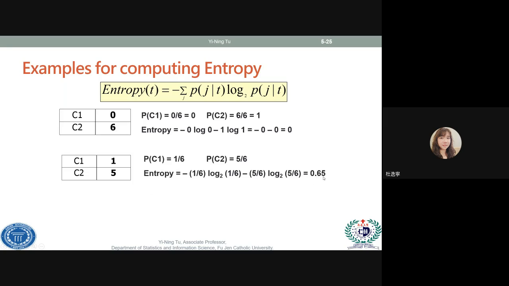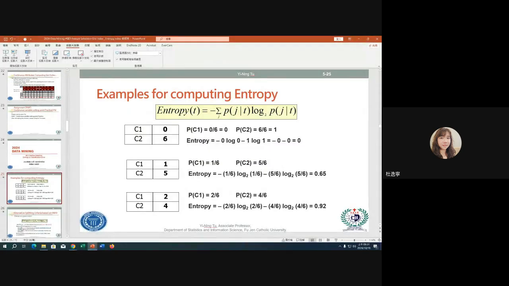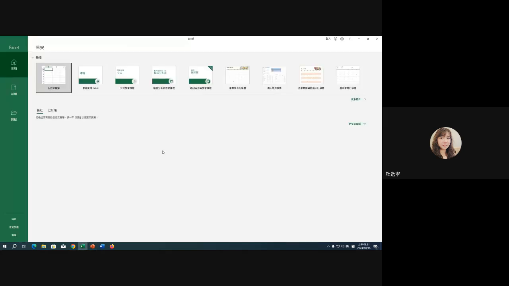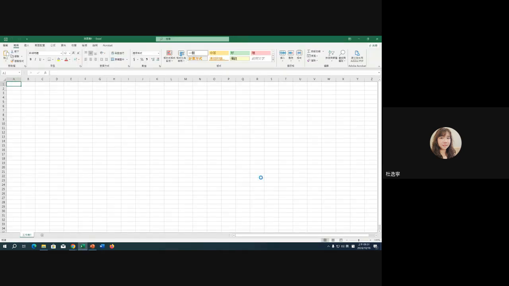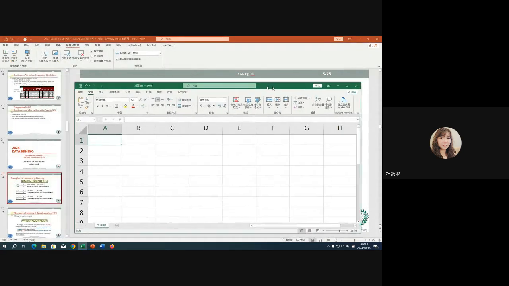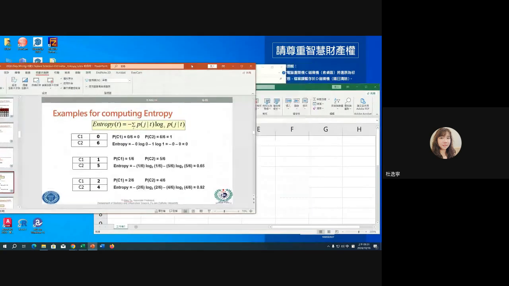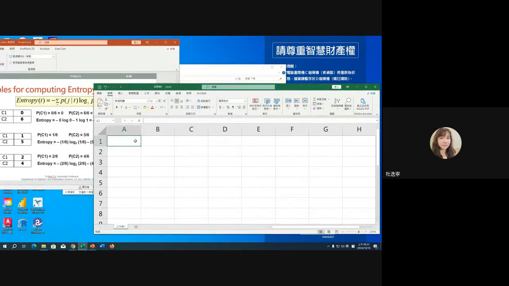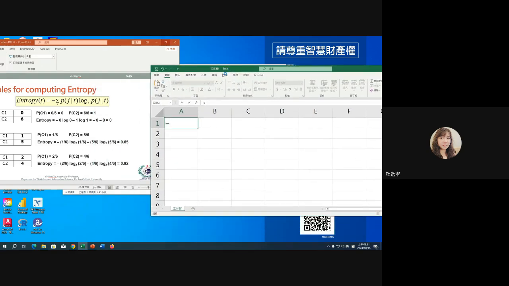You may be curious how to compute it, so we will demo it in Excel, to let you know how to compute. So you can try to practice on your computer now. So first, for example, here we will use the equation. Minus first, and we will use 1 divided by 6, and multiply log.